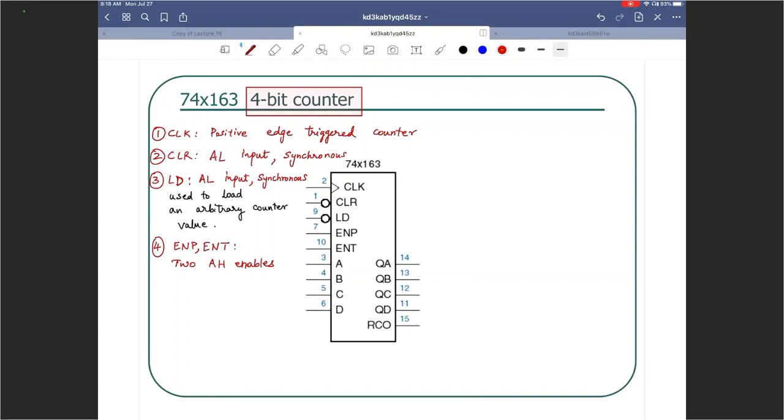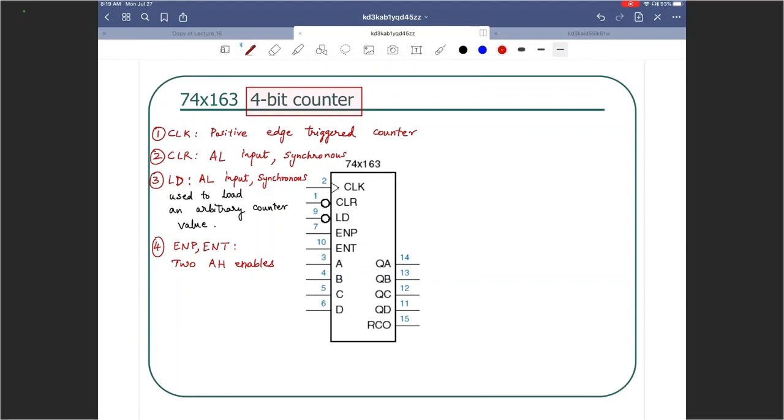So if you wanted to make an 8-bit counter using 2 4-bit counters, we would be able to do that. And during that process, we would use these 2 enable signals in a smart way. Only when both of them are enabled, the counter is going to do the counting or incrementing.